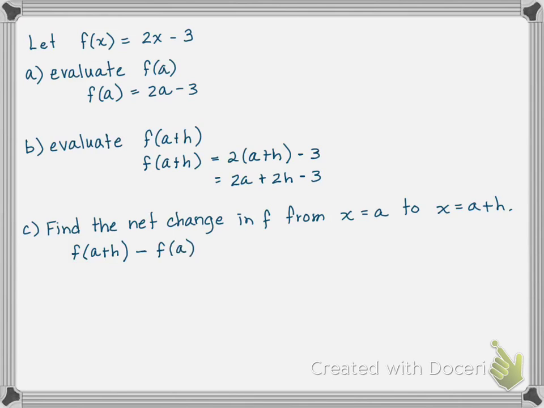Now I can't do a plus h minus a and then plug it into f, because of order of operations. That subtraction is happening after I apply f individually to those inputs. So this isn't the same as f of a plus h minus a. We can't just distribute like that.